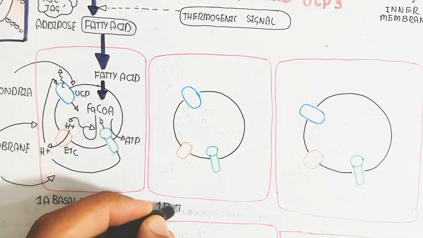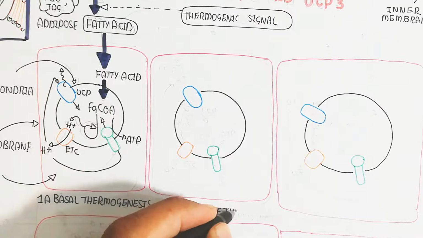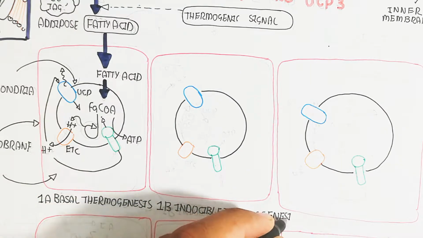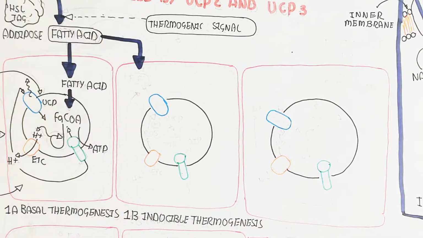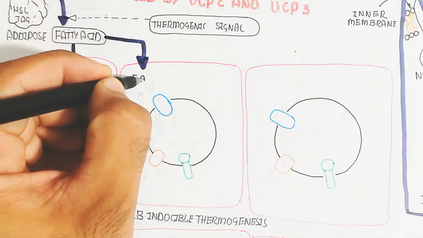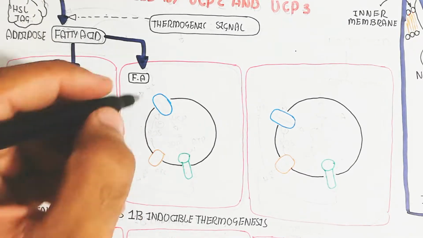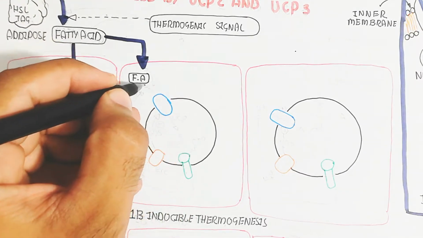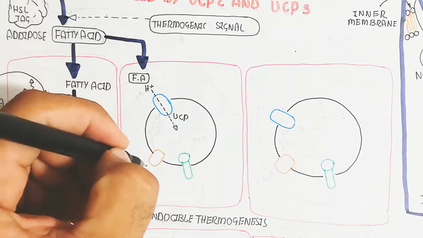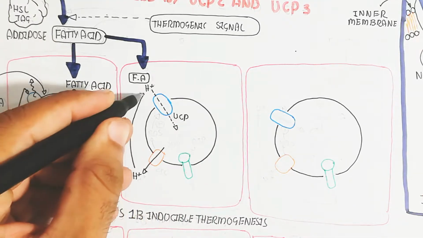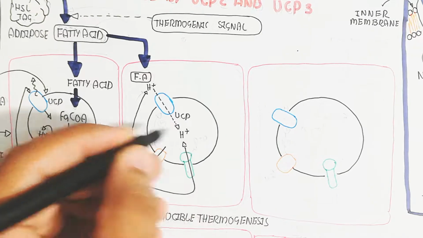But let's begin to understand the 1B inducible thermogenesis. Inducible means induced thermogenesis. In this way, a thermogenic signal leads to the production of fatty acid, and this fatty acid can enter directly through the UCP and produce heat.